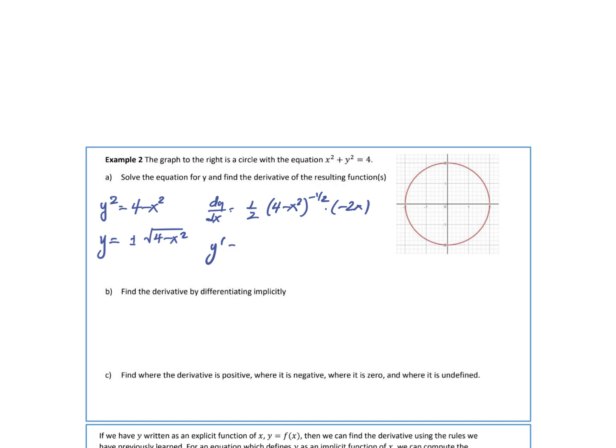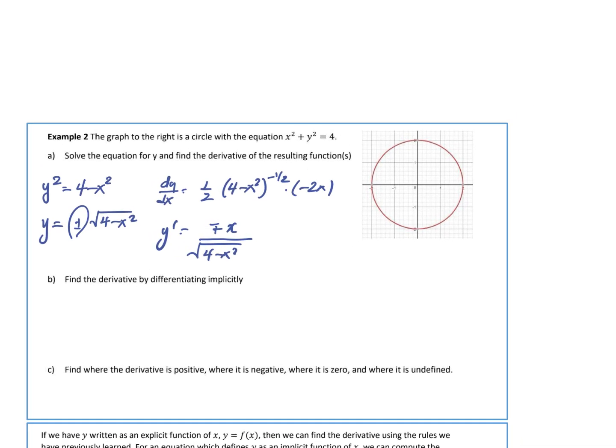So we could say y prime, the 2's cancel, and you get negative x over the square root of 4 minus x squared, and then you also have the positive of it, because it was plus or minus when we did it. So let me write plus or minus. That is one way to do it, but sometimes it's easier to just derive it as is.